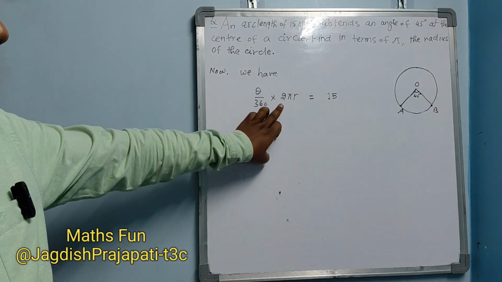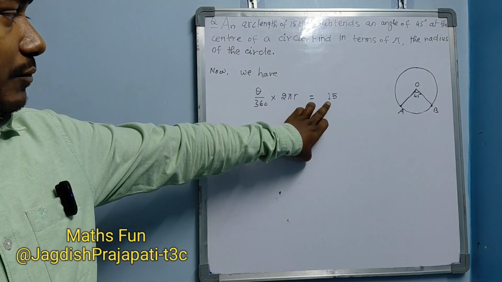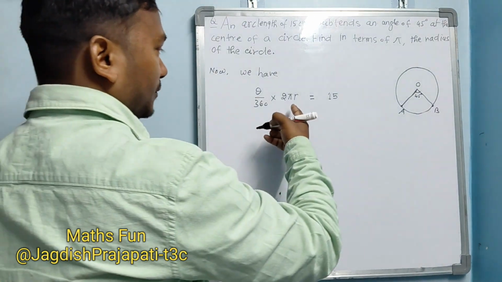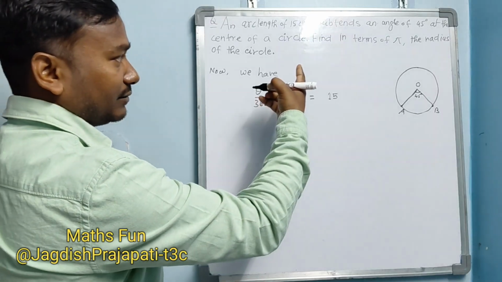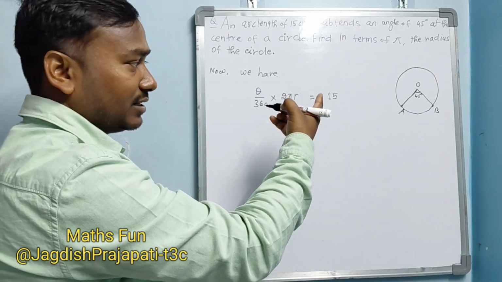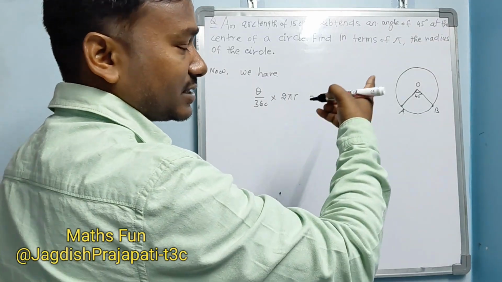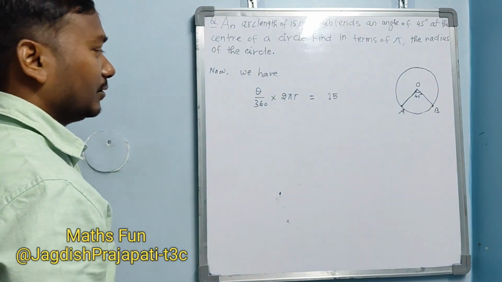Theta by 360 into 2 pi r equals 15, where we let r be the radius of the circle. Okay.